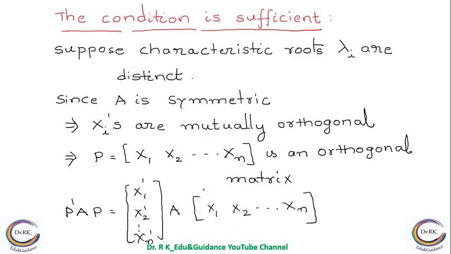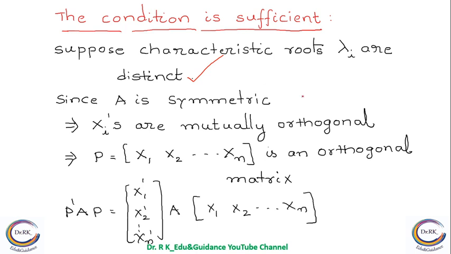Then the sufficient condition. What do we have to prove? Assuming that the characteristic roots are distinct and positive, we have to prove that the quadratic form is positive definite. How to prove? Suppose lambda 1, lambda 2, and so on, lambda i, are distinct eigenvalues.